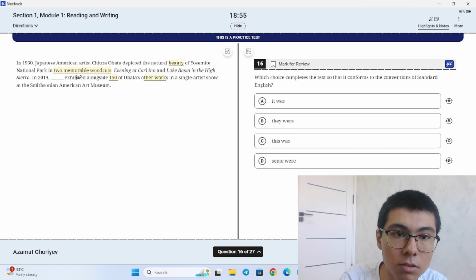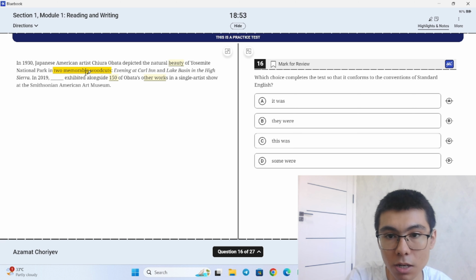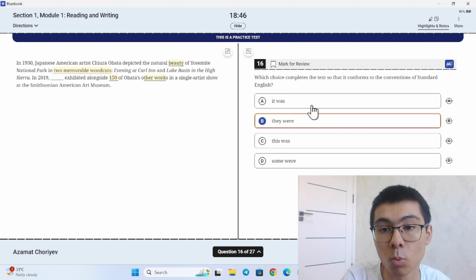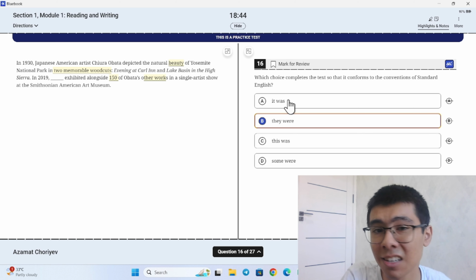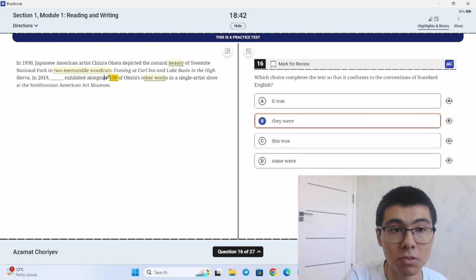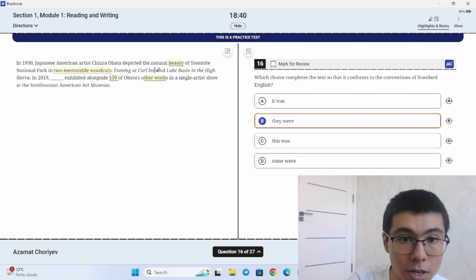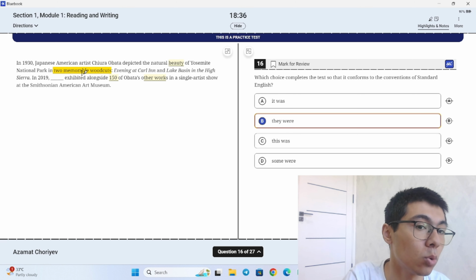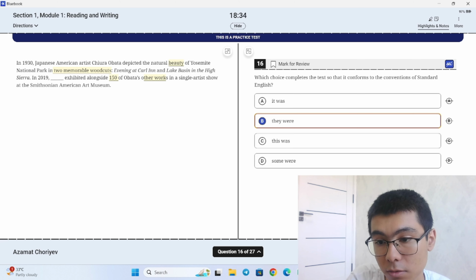There are two works that he's done before, so that's why it's gonna be they were exhibited alongside 150. Why is A incorrect? Because it's not referring to the park. I mean, other works and works are two woodcuts. That's why they were is gonna be correct.